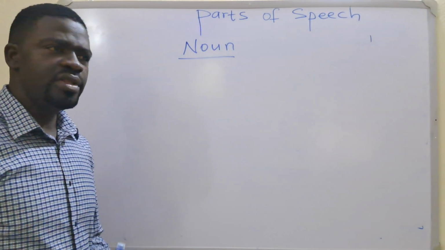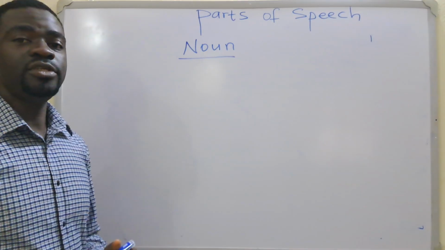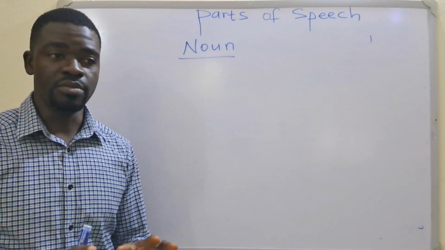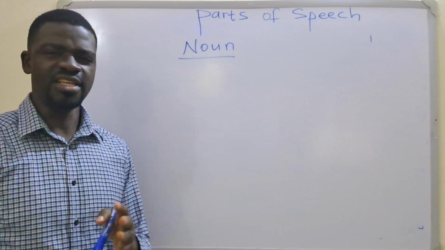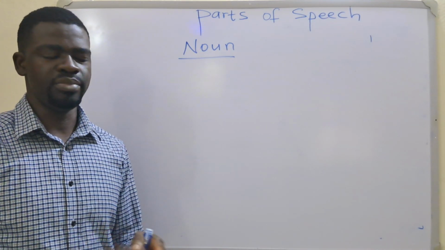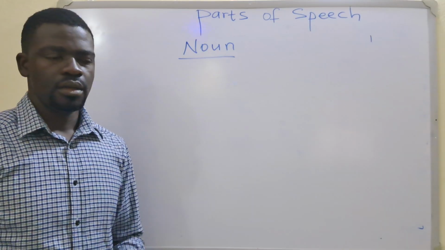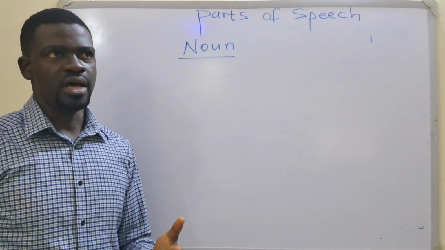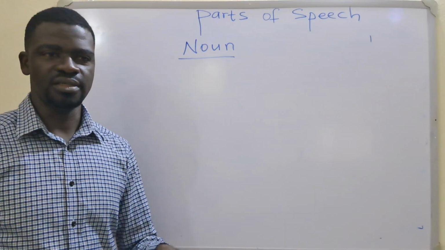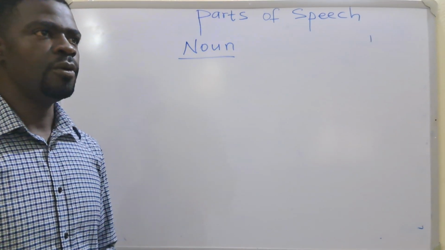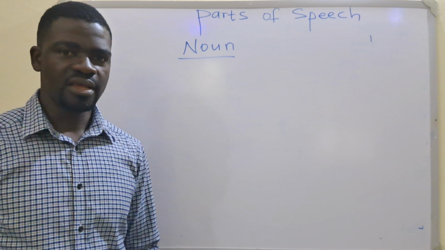The only problem with that definition is that it fails to capture some nouns or some names that are not given to things or places or persons or objects. There are other nouns that are not, say, things or people or places. For example, democracy.